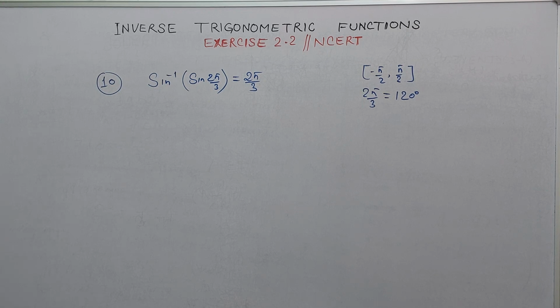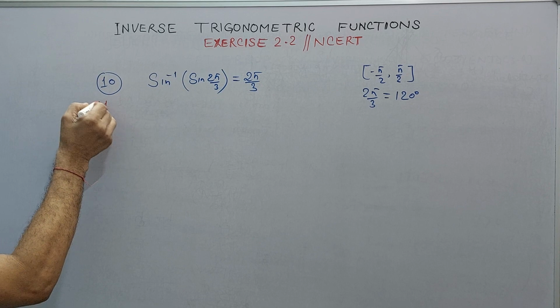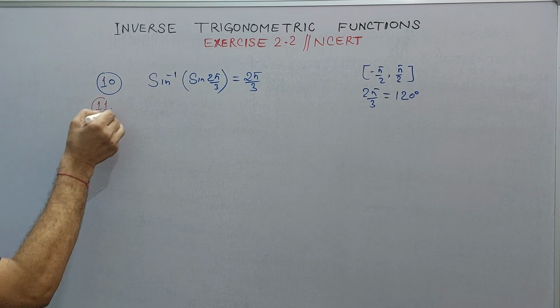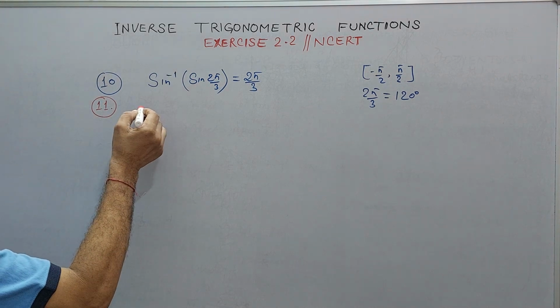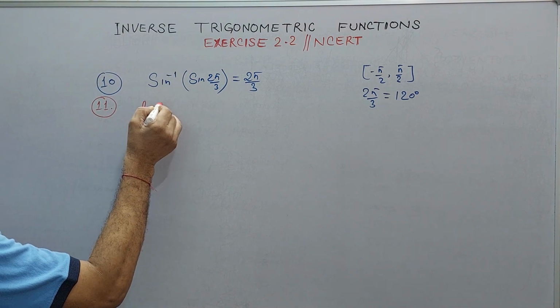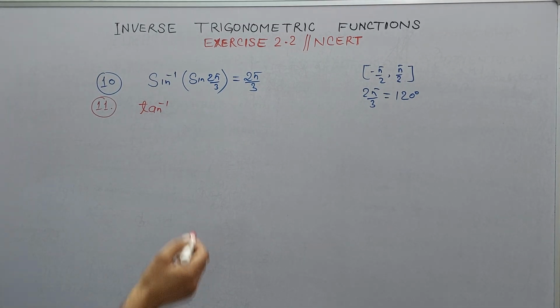Now this is question number 11. In question number 11, the same thing happens here: tan inverse of tan 3 pi by 4.